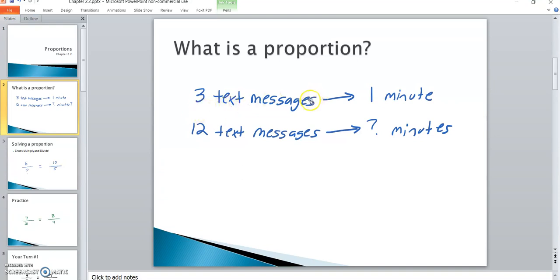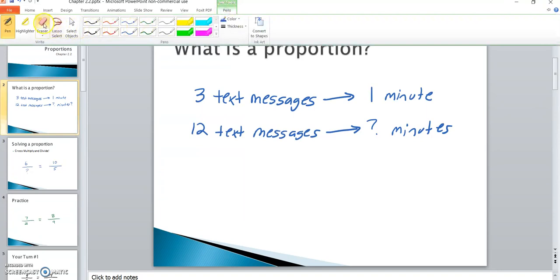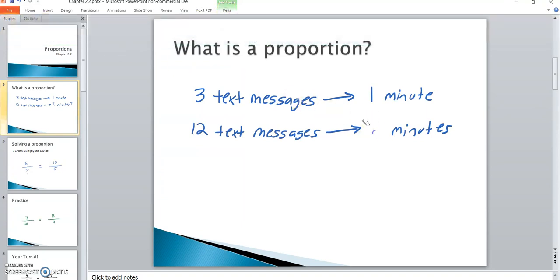If it takes me 1 minute to send 3 text messages, how many minutes does it take me to send 12 text messages? So if you were to think about that for a minute, maybe you would come up with a right answer of 4 minutes. But there's going to be an easier way to do this. And today we're going to be working through fractions as proportions.